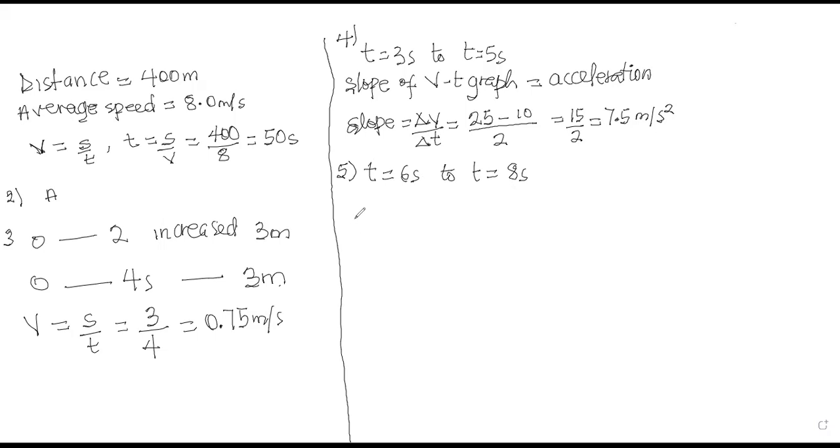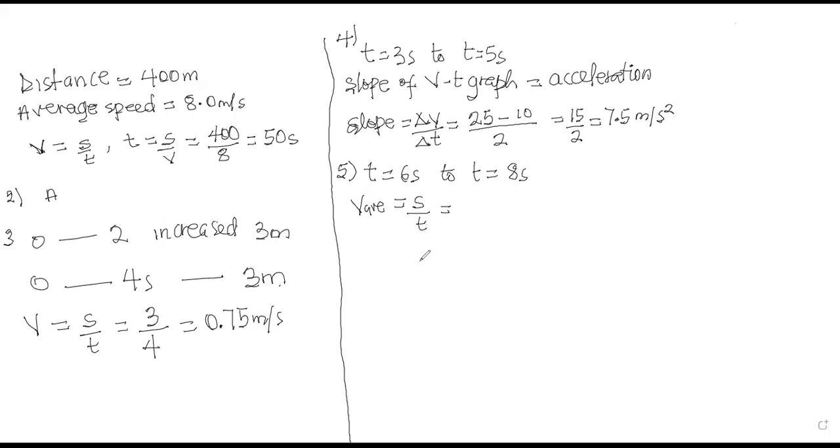The first consideration is how do we calculate average speed? V average, which is the effective speed, is equal to total distance traveled divided by the total time taken. What is the total distance traveled?